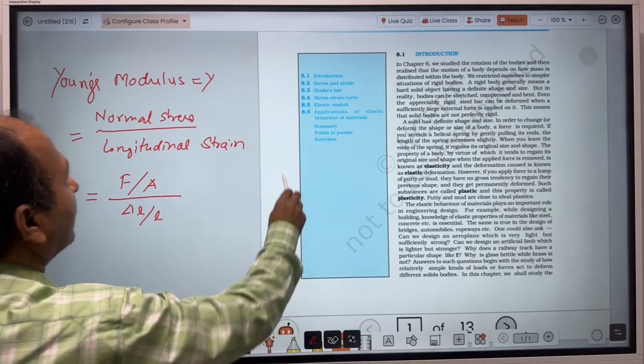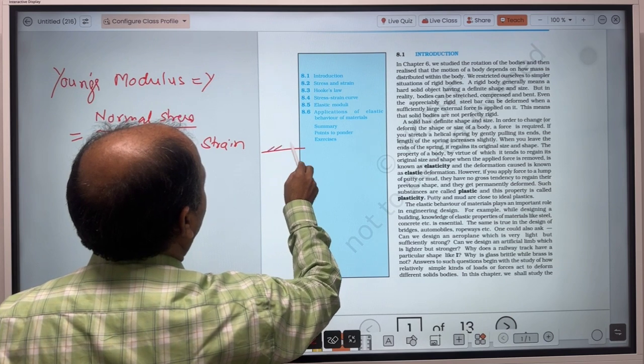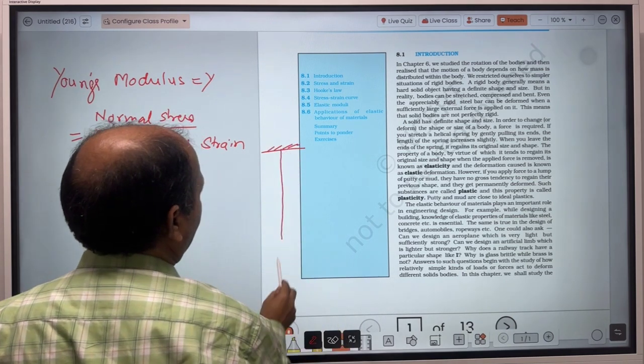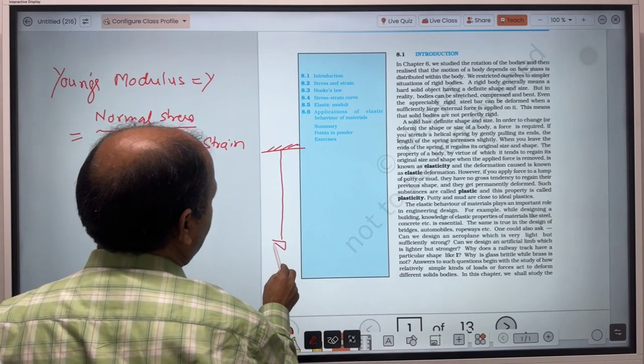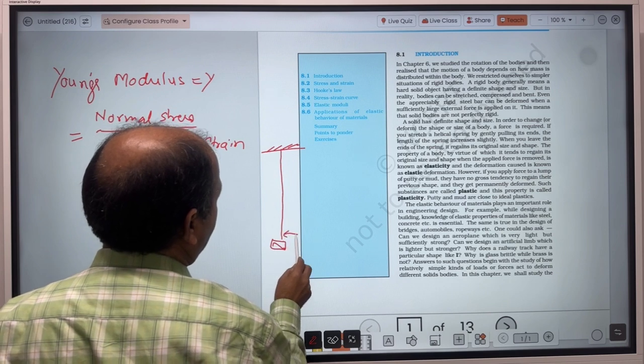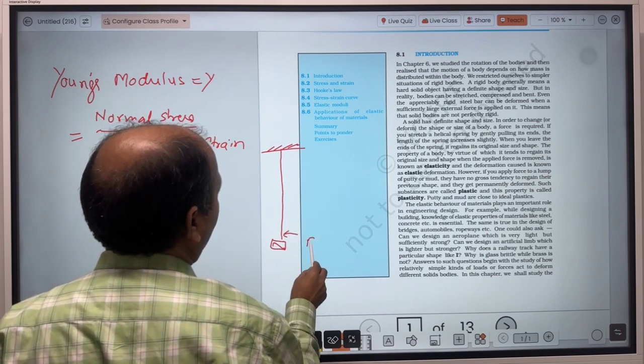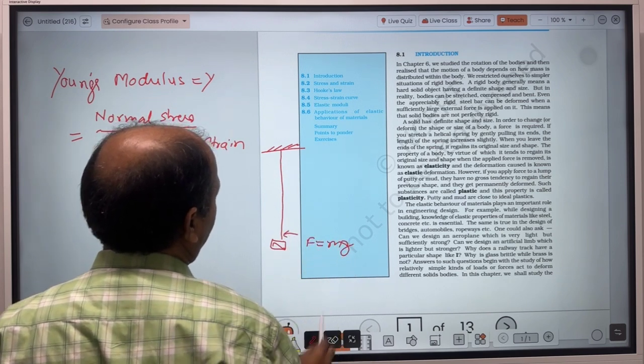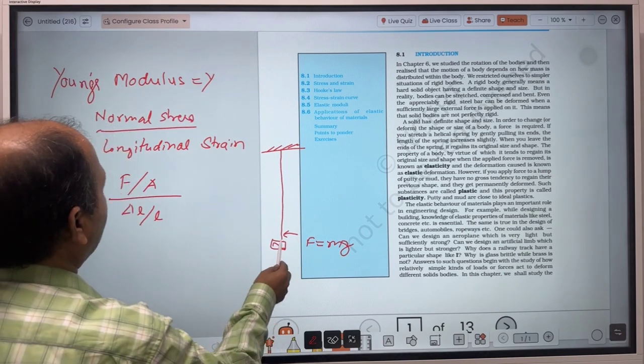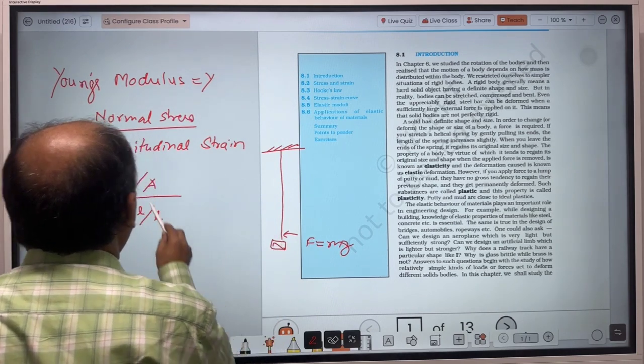If you write force, suppose you are given this is a wire, and here you are putting some weights. So in that case, force can be written as mg, and A will be the area of cross section of the wire.